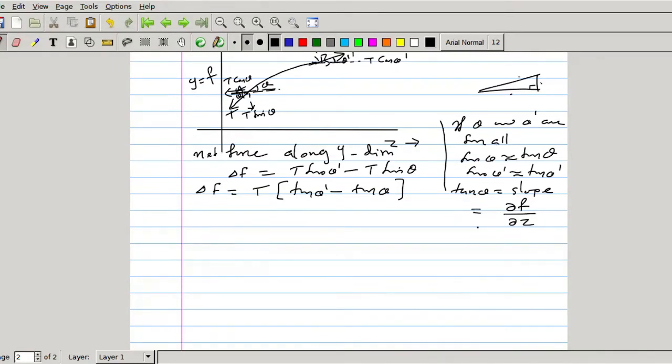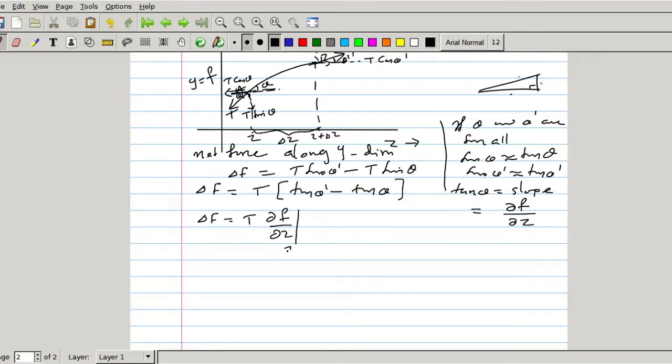So at theta prime, it will be delta f equal to T into dou f by dou z. At this point I am taking z, and this point I am taking as z plus delta z. So along z direction, we are traveling a distance of delta z.